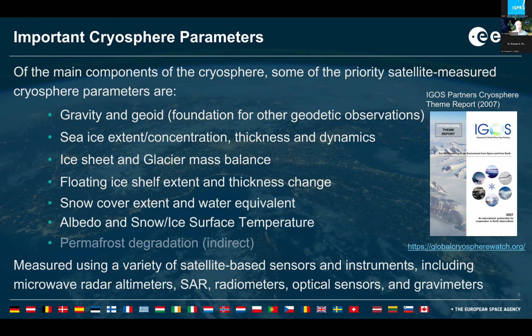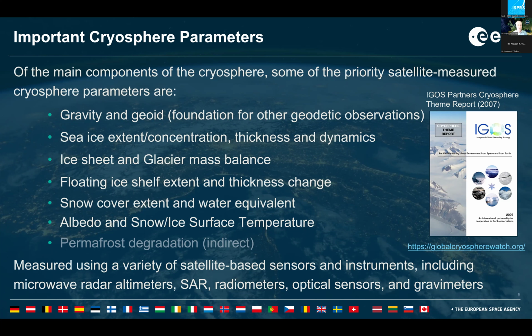Some of the main cryosphere parameters which the IGOS theme report identified as being of highest priority are gravity and geoid, sea ice extent, concentration, thickness and dynamics, or the movement of the sea ice, ice sheet, glacier mass balance, floating ice shelf extent and thickness change, snow cover extent, water equivalent of snow, the albedo and snow ice surface temperature, and also permafrost degradation.